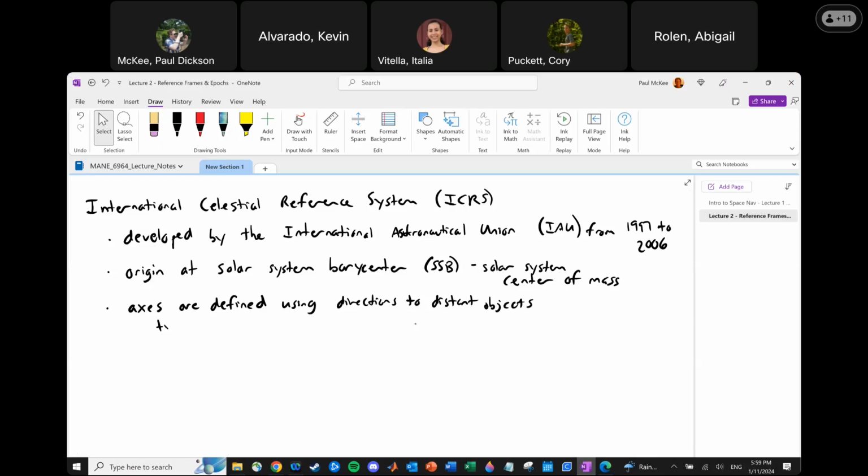Typically, this is going to sound sci-fi, extragalactic radio sources, such as quasars. Anybody who knows their way around astronomy, what is a quasar?